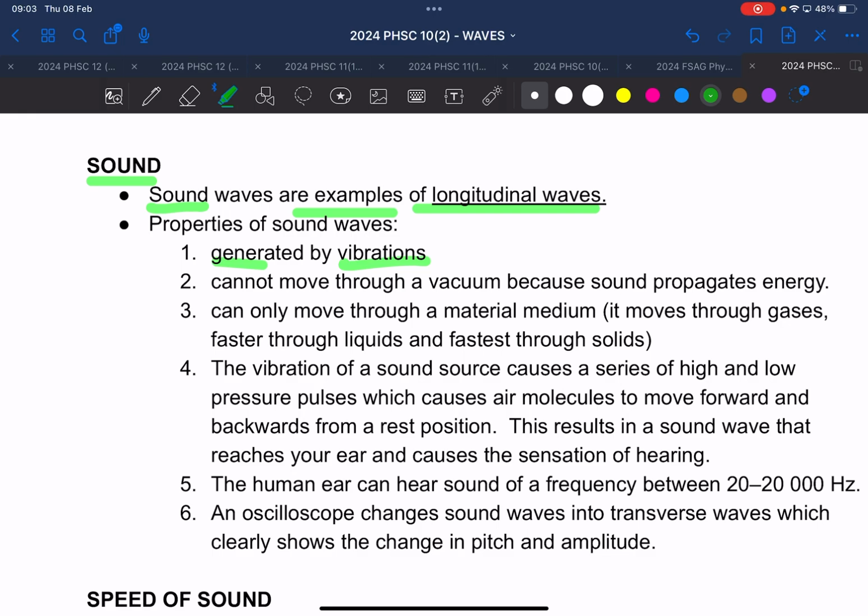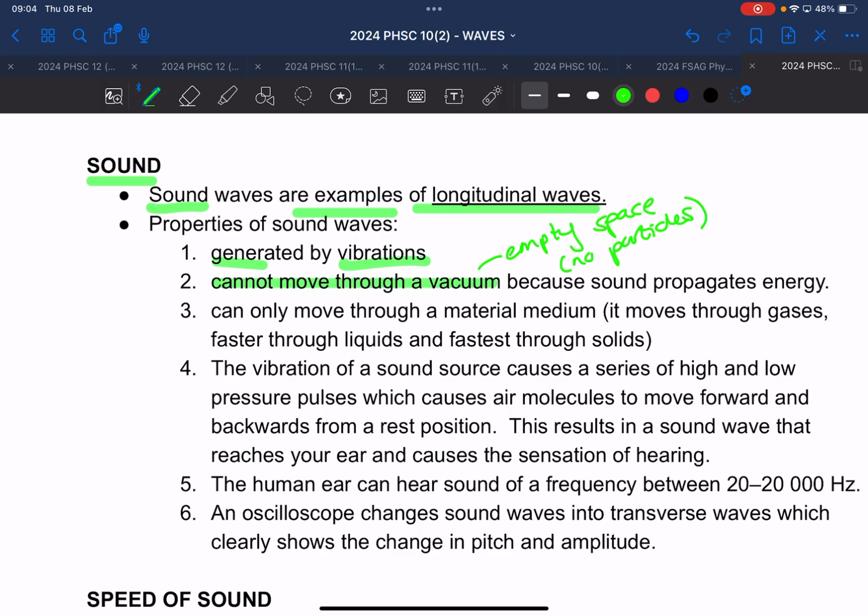It cannot move through a vacuum. A vacuum is where there are no air particles. A vacuum is an empty space. There are no particles there. So if there are no particles, then sound cannot travel there.